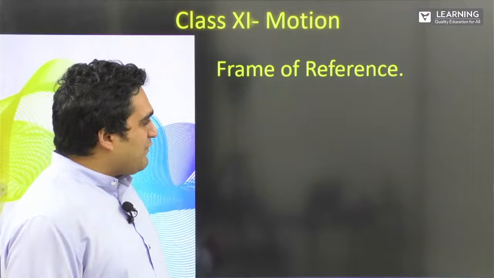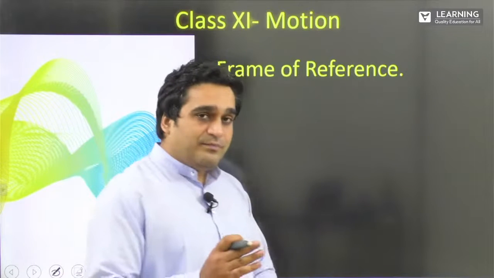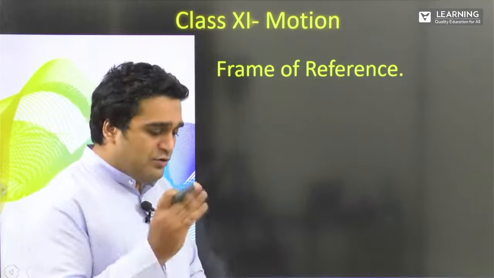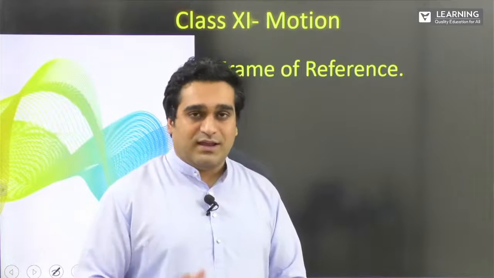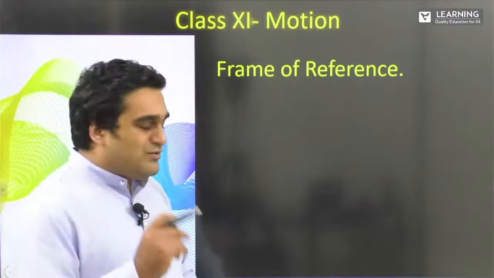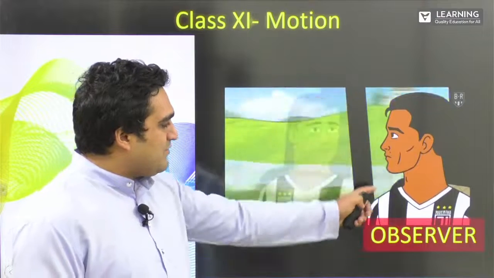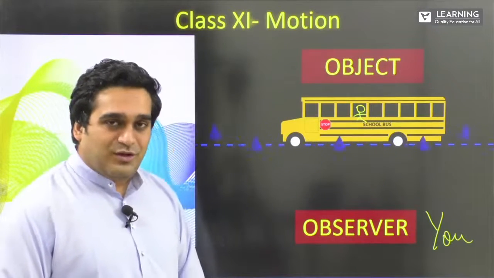So this frame of reference is applicable to an observer, to make sure who is the observer and what the observer is looking at, meaning the object. Okay, so two different cases. Here we saw the observer in your friend, and here we saw the observer, that is you.